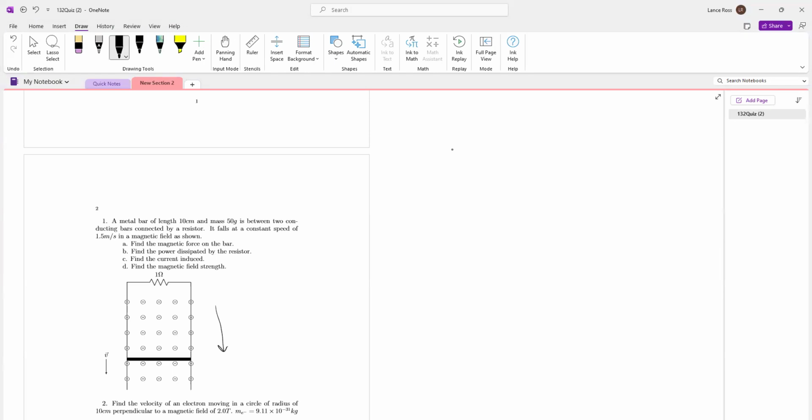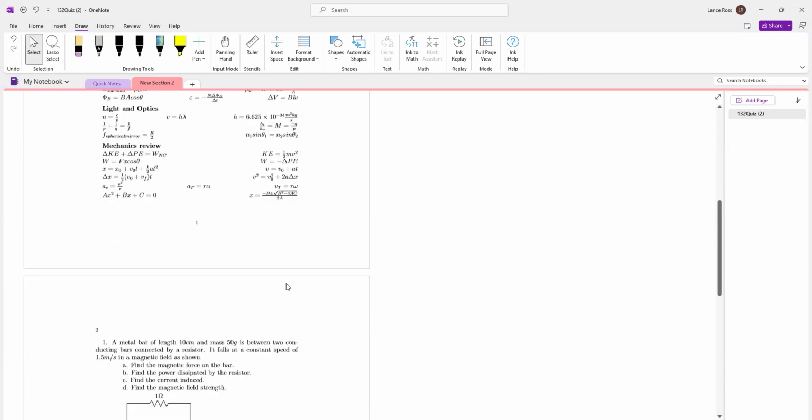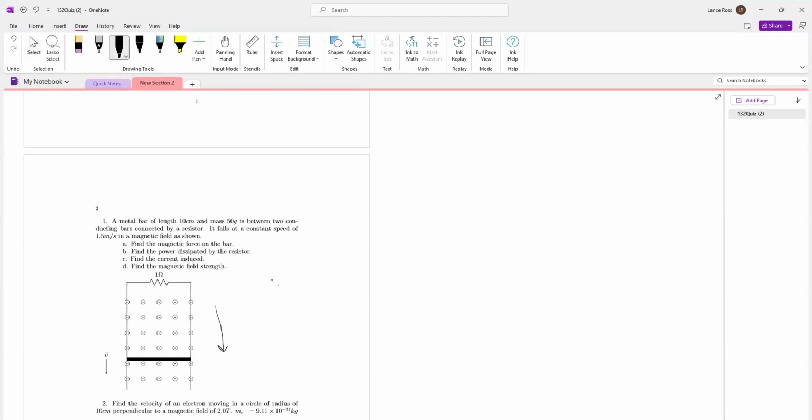We can look at this as a bar moving in a magnetic field, which we have the equation delta V equals BLV, where capital V is voltage and little v is velocity.